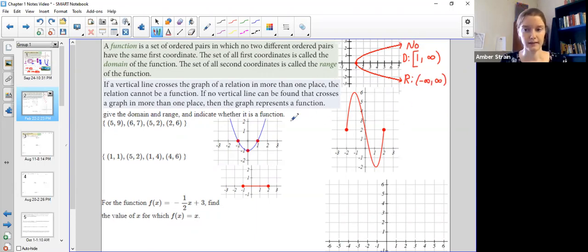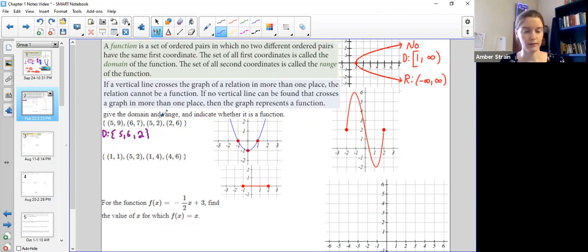Now, if I had just a single list of dots like this right here, then I would have specific x values. So this right here, if I wanted to list the domain, I would have specific dots, so nothing in between, but I would just have the numbers 5, 6, 5 again, and 2.